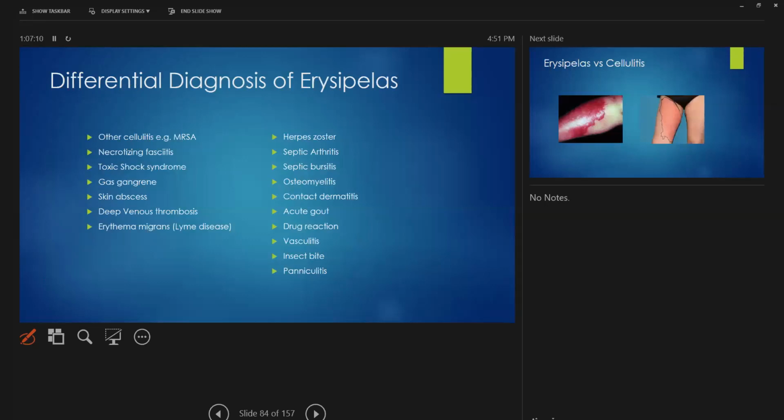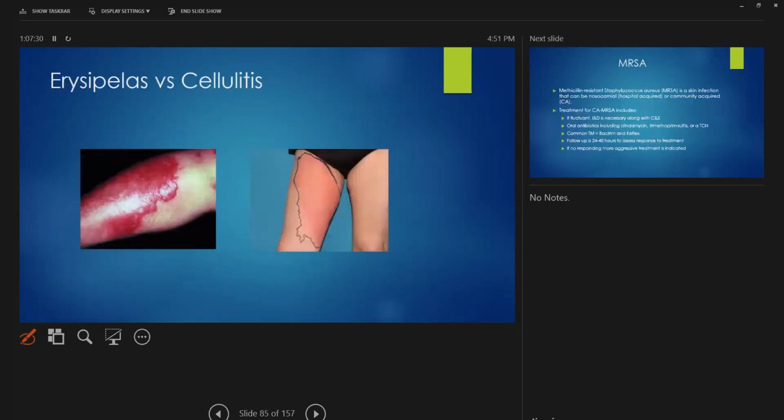All right, so the differential diagnosis here for erysipelas is cellulitis, obviously. Is it necrotizing fasciitis, toxic shock syndrome, gas gangrene? Is it an abscess? Is there a DVT? Is this Lyme disease? There's a whole host of things this could be, right? We could always write these long differentials. But here's a cellulitis on the right, which is lined out.